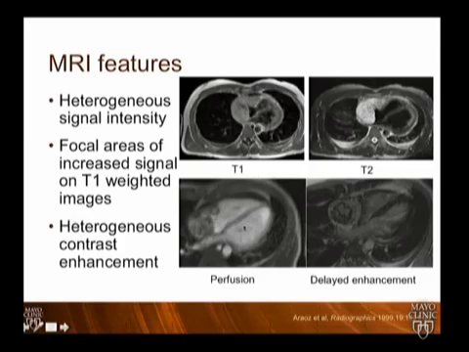When we give contrast on the perfusion sequences, you can see that actually the contrast is perfusing into that highly vascular tumor. And then on delayed enhancement images, you see the same thing, sort of a heterogeneous picture. So MRI can be helpful in these cases as well if you're not sure what it is and you don't want to do a biopsy.